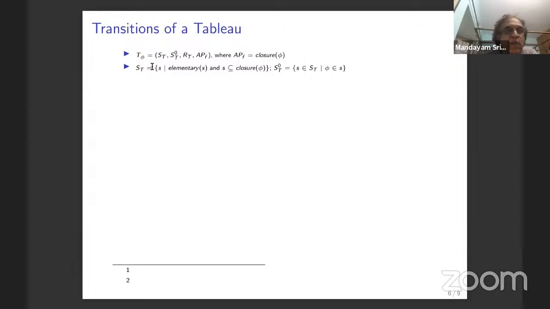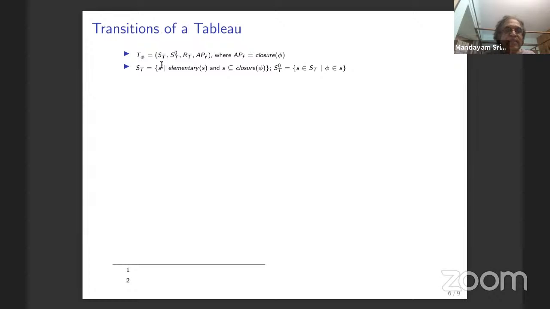Okay. So T phi in general has S_T, the set of states, some set of initial states, R_T, and its AP. And the AP is the closure, because every state is labeled with the subformulas in the closure. Of course, I will get to the fairness constraint; I haven't included it yet.